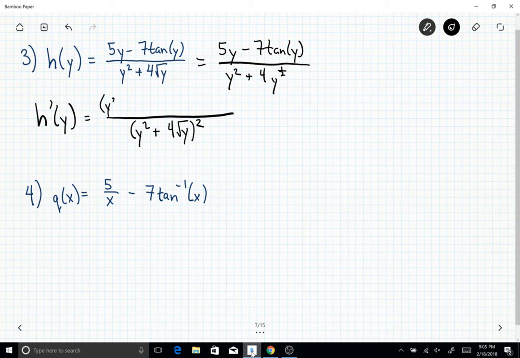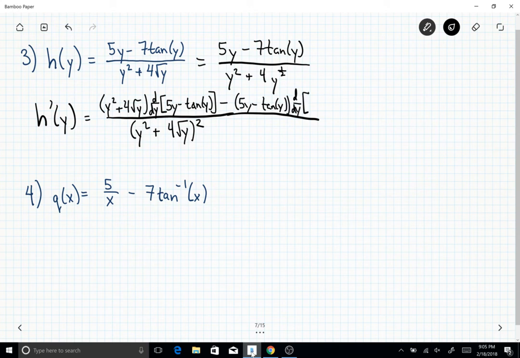But now we write that denominator again, which I'll write as 4 square root of y, times the derivative of the numerator, so times the derivative dy of 5y minus tan y, and then minus, we're going to write the numerator 5y minus tan y, and times the derivative, and here's where we might want to write that as 4y to the 1/2. Okay.